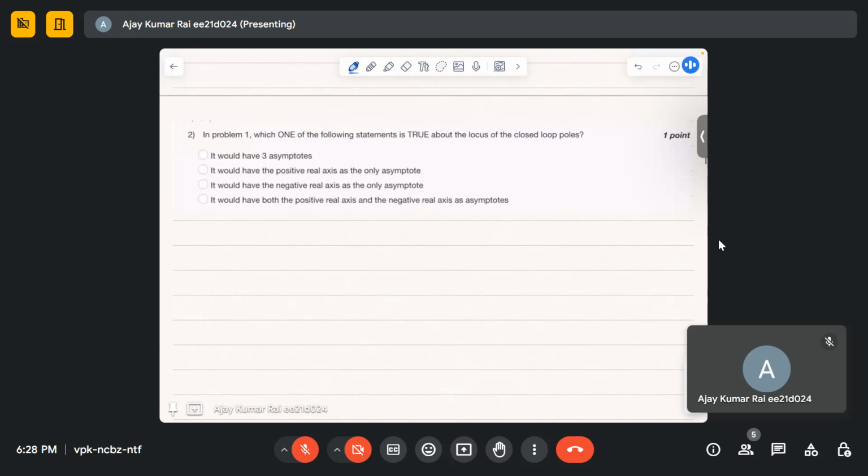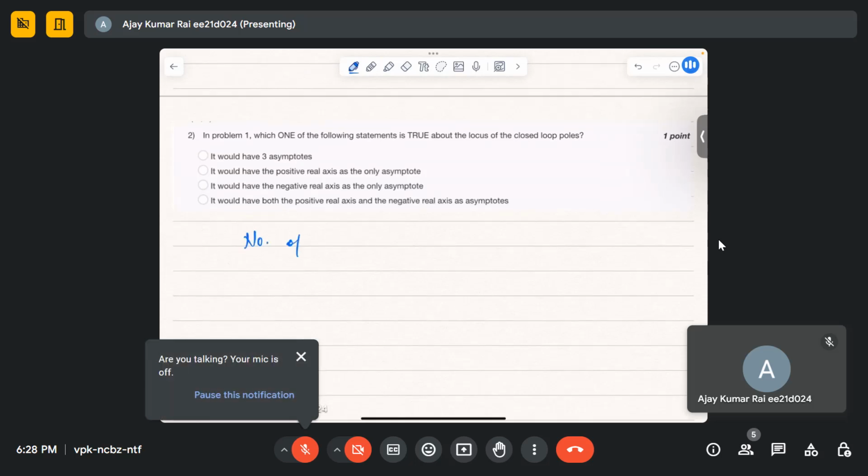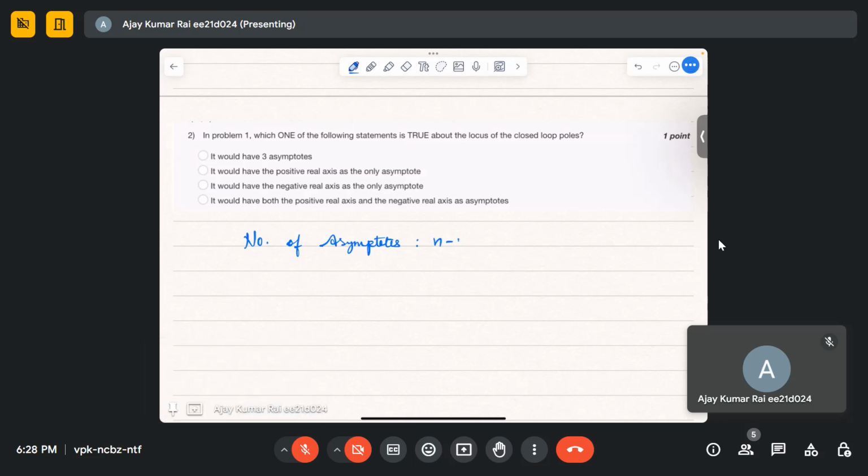In problem 1, which one of the following statements is true about the locus of closed loop poles? If you see the options, it's asking about the asymptotes. First, the number of asymptotes is n minus m, right?